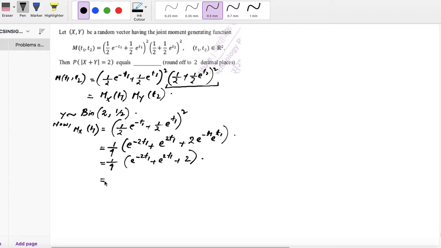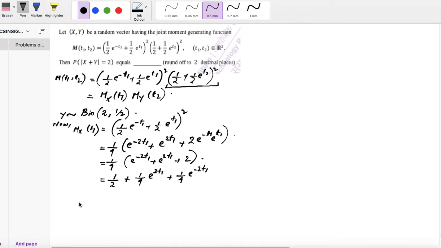Now if we multiply the 1 by 4 through the whole terms here, we get half plus 1 by 4 e to the power 2 t1 plus 1 by 4 e to the power minus 2 t1.